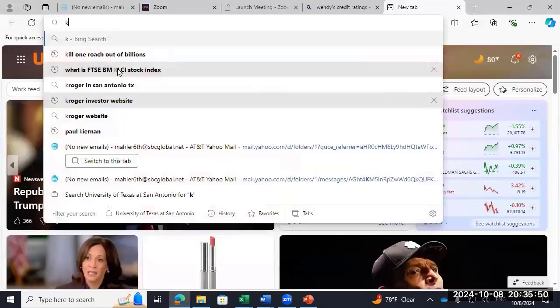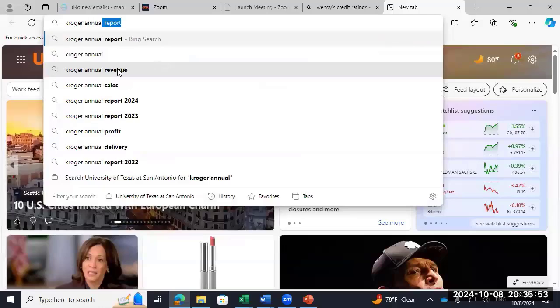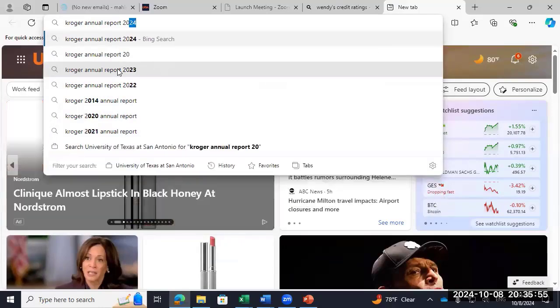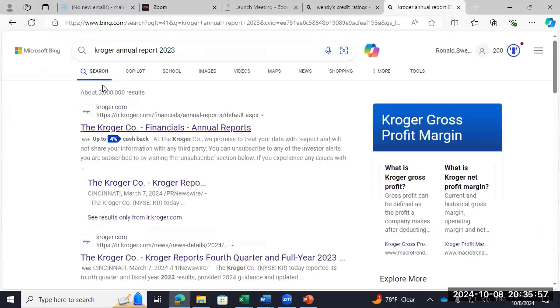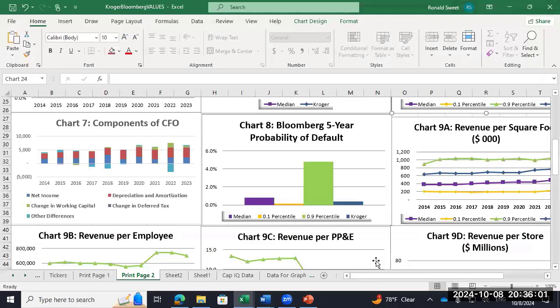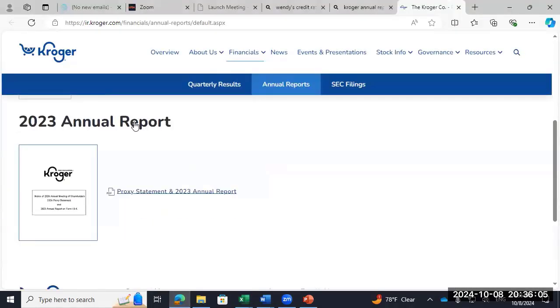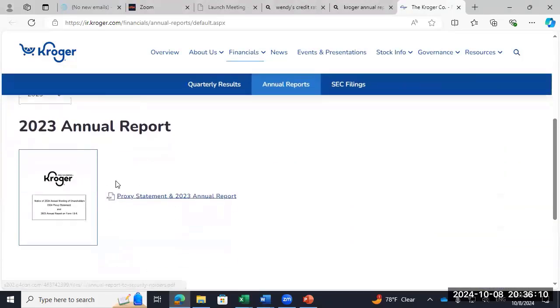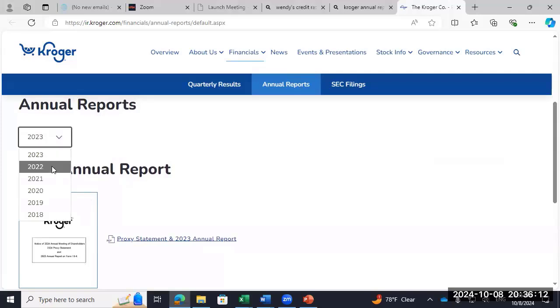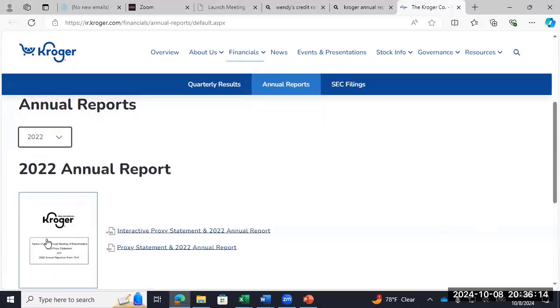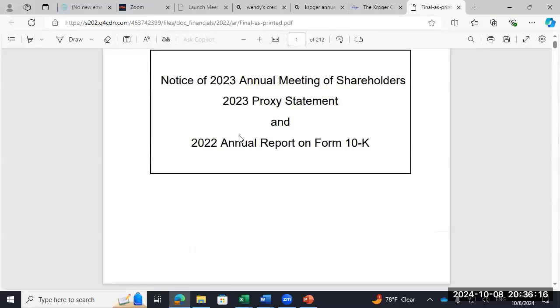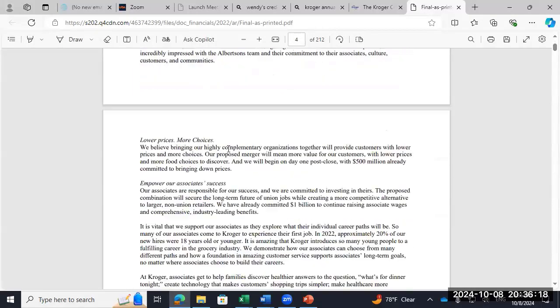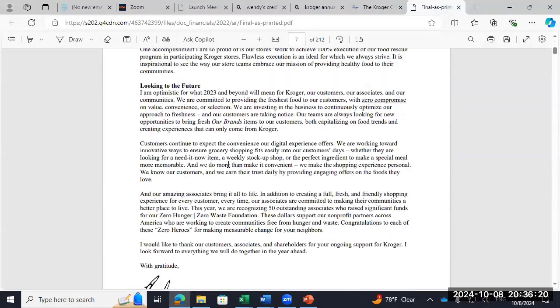But Kroger, annual report, what was it, 2023? 2022. Where's their other? Okay, here we go. 2022. You're trying to find the financial statements.